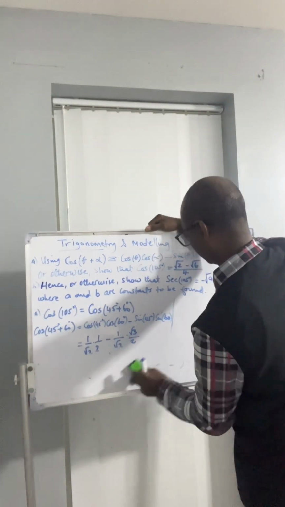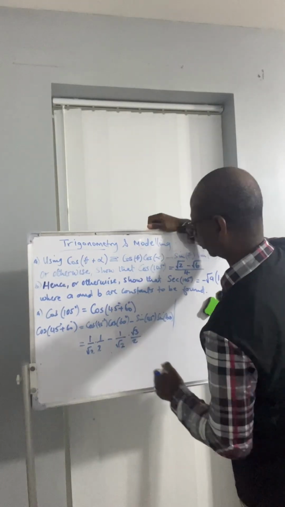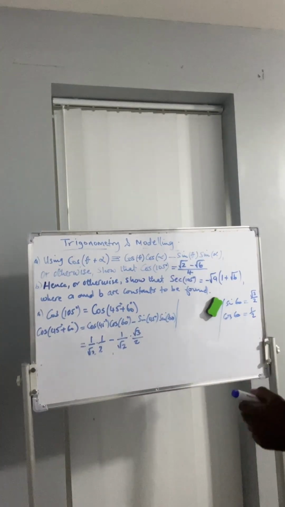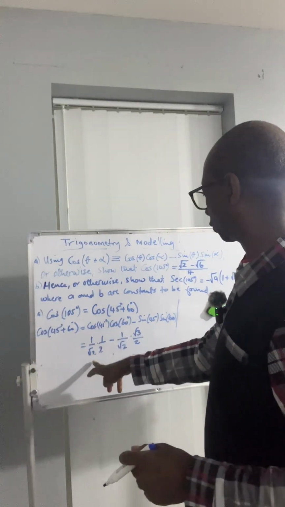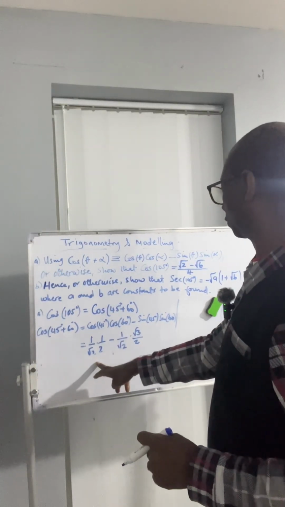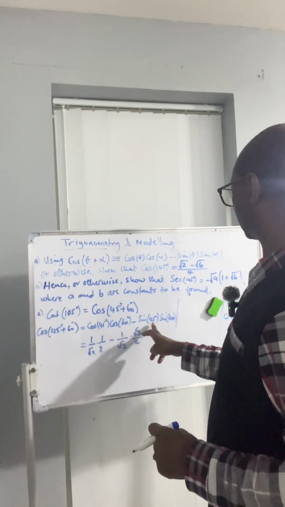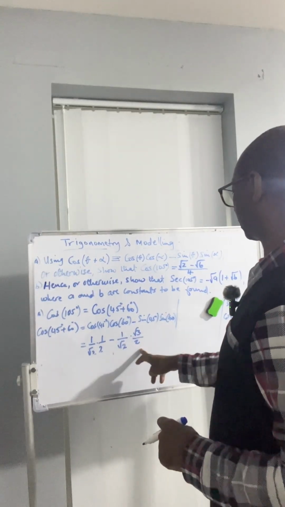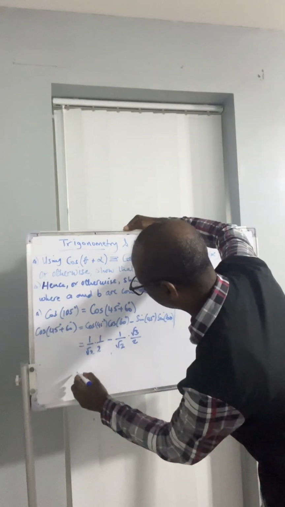Let's go back to this problem. Up to here, we are fine. This is 1 over root 2 times 1/2, cos 60. This is 1 over root 2, sine 60 is this, correct? So before we do anything, let's rationalize here.